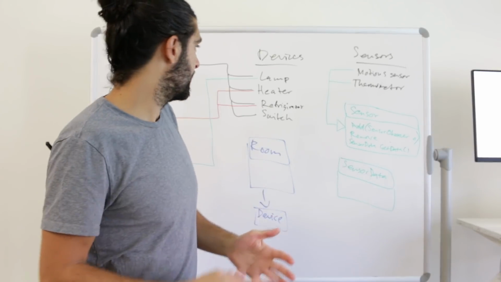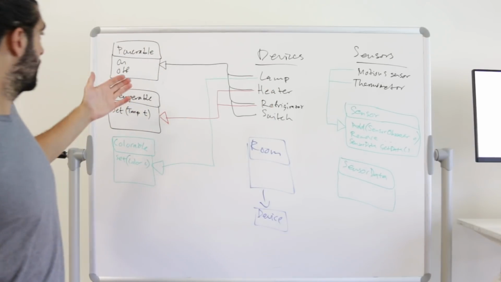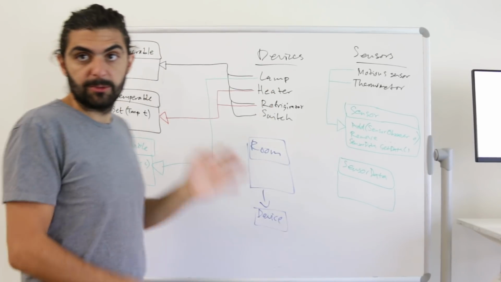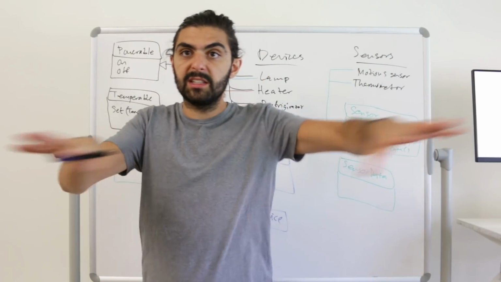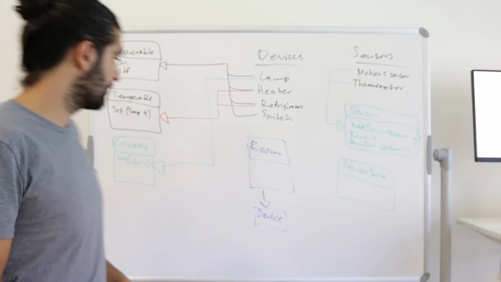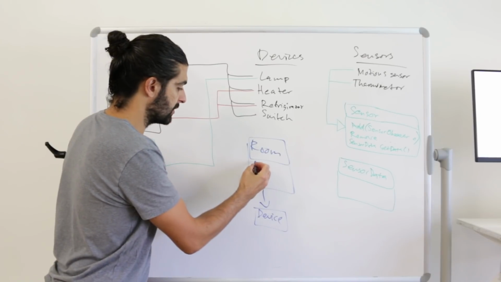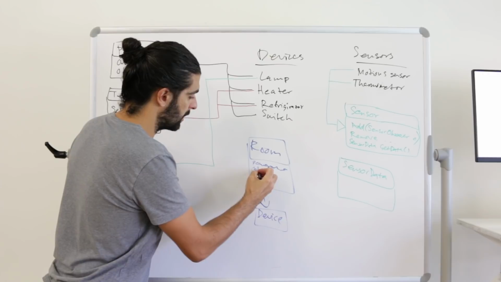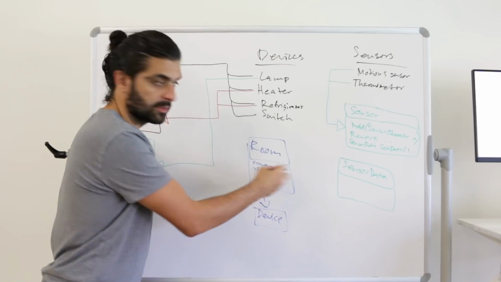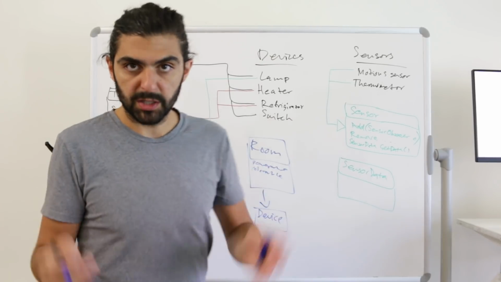Or do you separate, let's say, powerable stuff from temporable stuff, from colorable stuff, and keep these in different lists or collections? If the room contains all the powerable stuff here, all the colorable stuff here, and so forth, then it's a much, much easier problem, right?